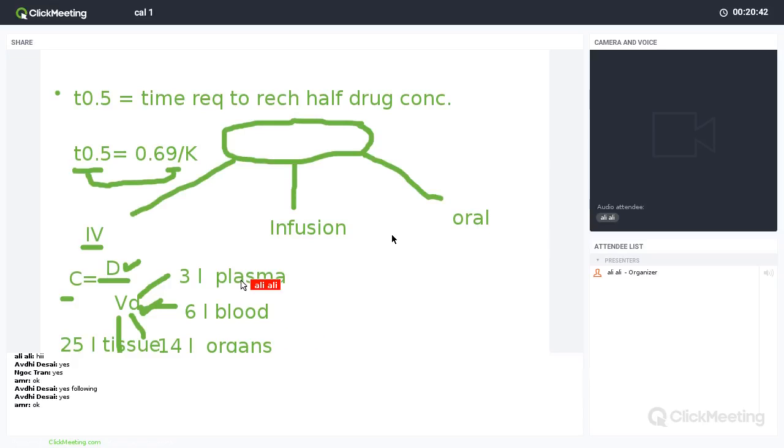Then now we will go for the intravenous infusion equations. We'll see the same equation here.